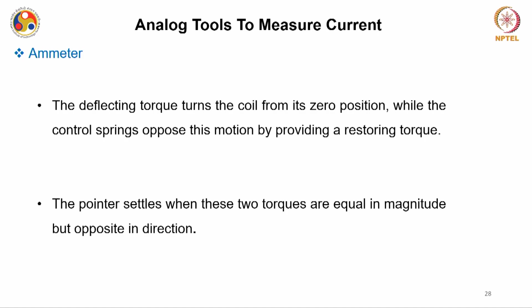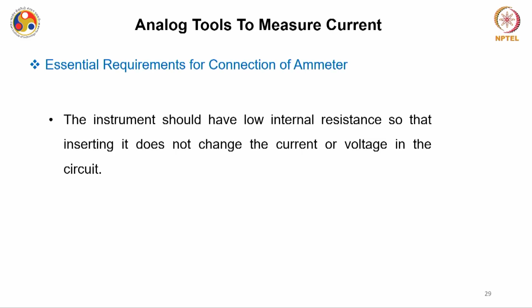The pointer now settles when these two torques are equal in magnitude but opposite in direction. So, at that point the controlling torque, tau c, is equal to the deflecting torque. This is the steady state position, when they are equal.